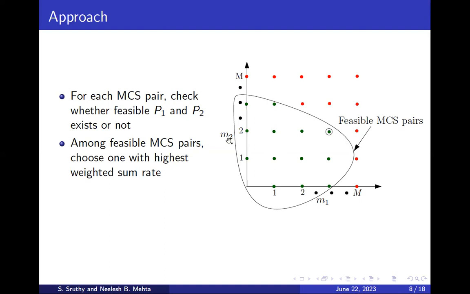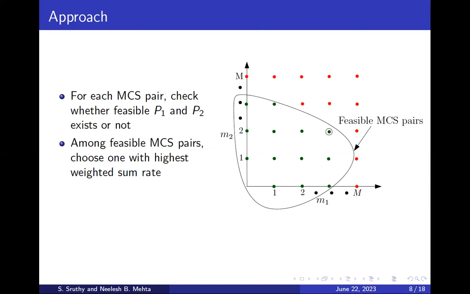So here, for each MCS pair, we have to check whether a feasible power allocation P1 and P2 exists or not. If they exist, we say it is a feasible MCS pair. Otherwise, it's infeasible. Here, all the green ones are the feasible MCS pairs, and the red ones are those infeasible. And among the feasible MCS pairs, we choose the one with highest weighted sum rate. That is the optimum MCS pair.